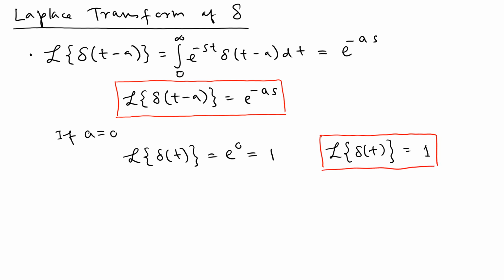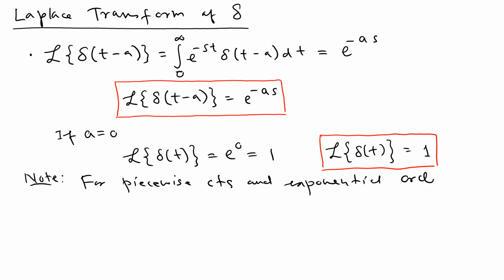Remember, we know that if the function is piecewise continuous and of exponential order, then there is a Laplace transform, and the limit as s goes to infinity of the Laplace transform is 0.